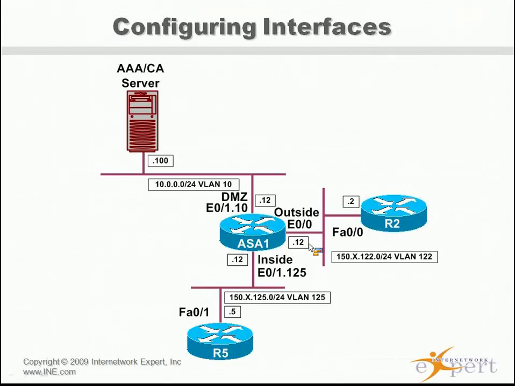If I added an SVI interface on, say, switch 1 and switch 2 in VLAN 122, I could then test and ping. Can I ping from switch 1 to switch 2 on that VLAN? Can I ping from the ASA to switch 1 or from the ASA to switch 2? And being able to troubleshoot where the connection is.